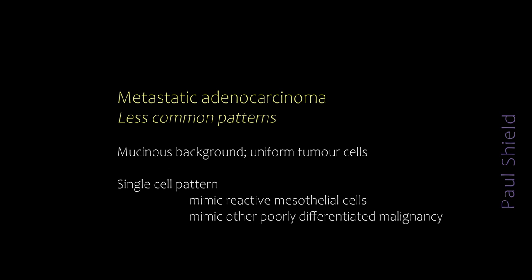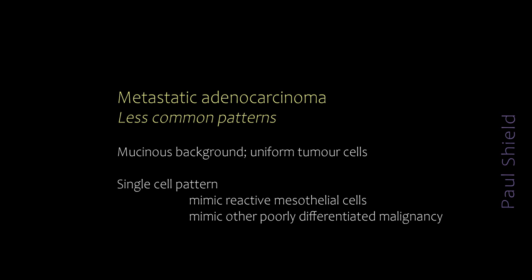So, in summary, some of the less common patterns that are seen include highly mucinous, well-differentiated adenocarcinoma. Because they're well-differentiated, they'll show less nuclear variation, but mucin is a big clue. And then that single cell pattern can be very tricky, and it's often seen in breast carcinoma in particular, and immunohistochemistry is sometimes the sole way to sort that out.